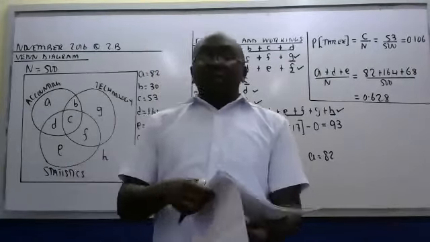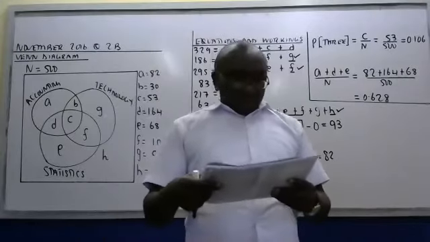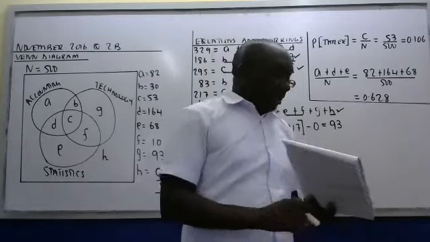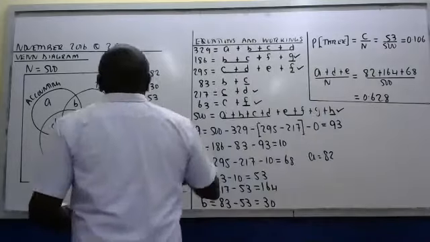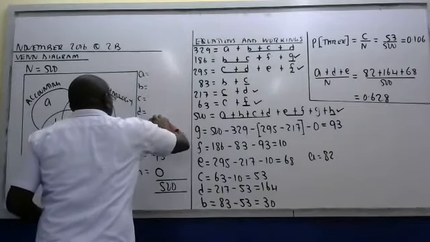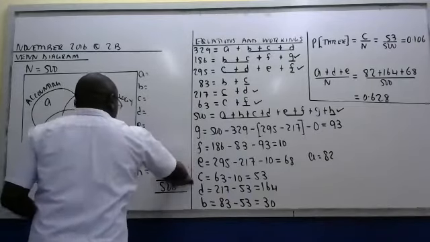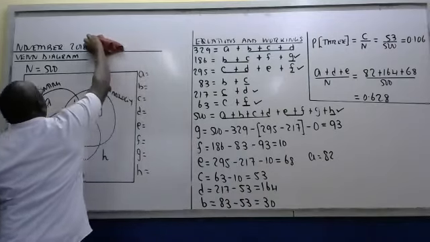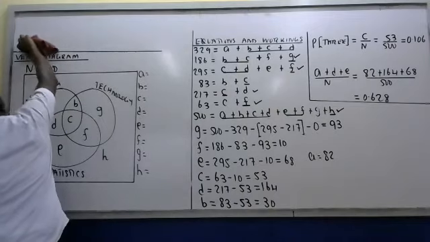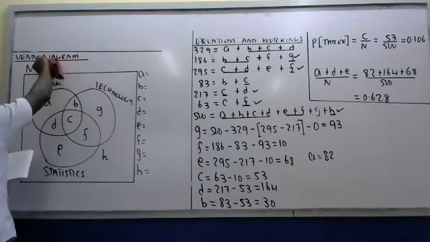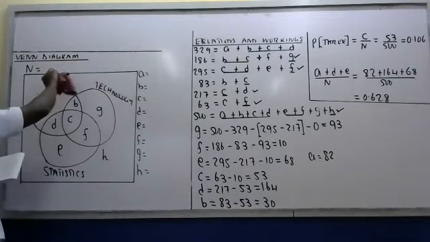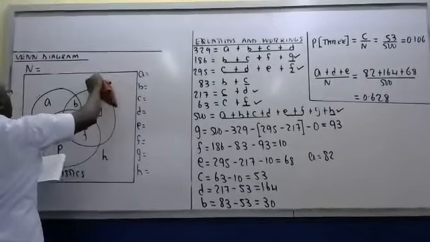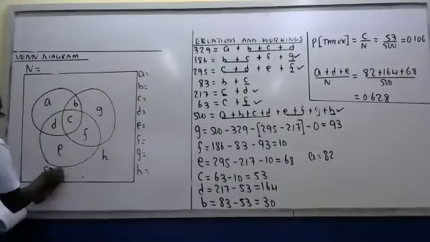Good. December 2017, question 1C. Let's quickly get there. December 2017, question 1C. So quickly draw the Venn diagram.